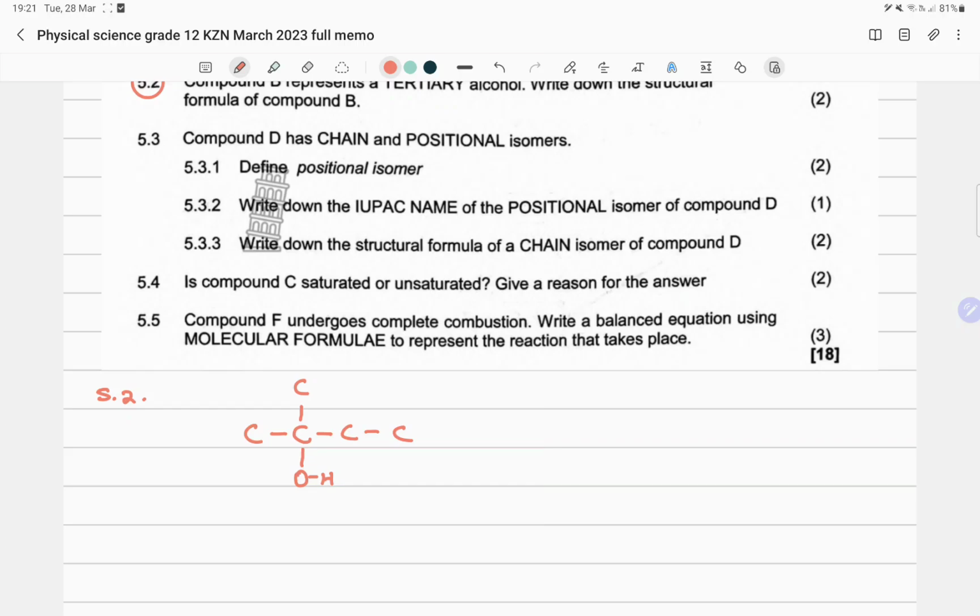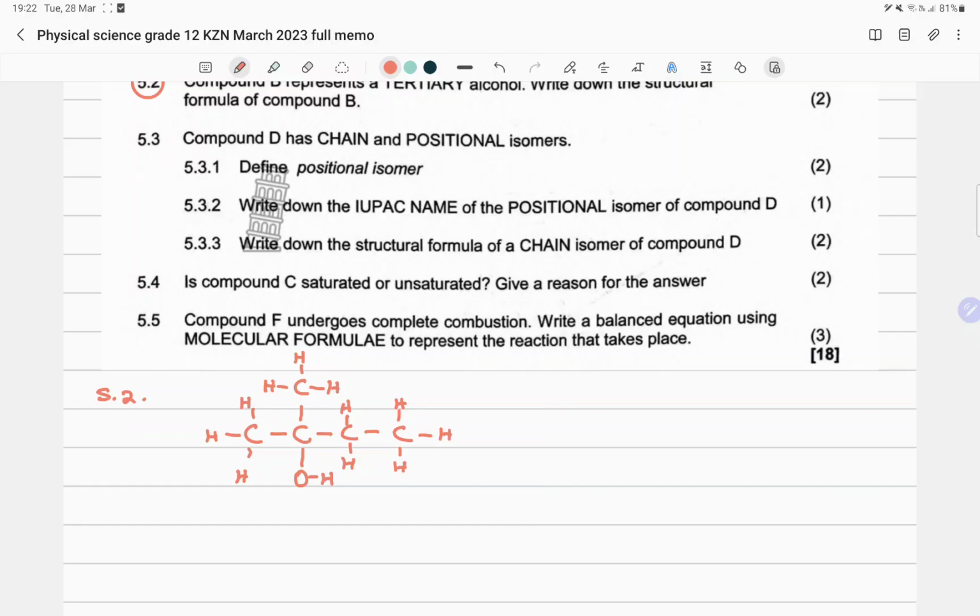So how you do this is up to you, really, as long as it is a tertiary alcohol. So let's do this one like so. That is the one. So we can just simply say 2-methyl.